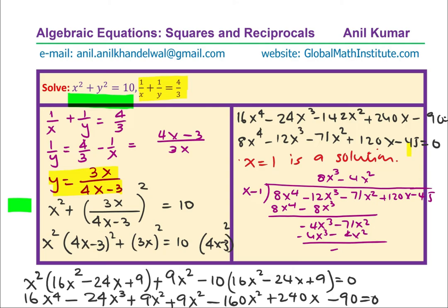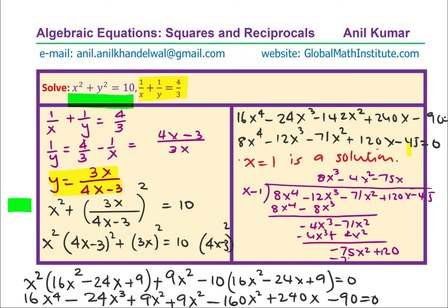That gives me minus 75x squared. The minus minus becomes plus, right? So we get 75. Bring down 120. So it goes minus 75x.